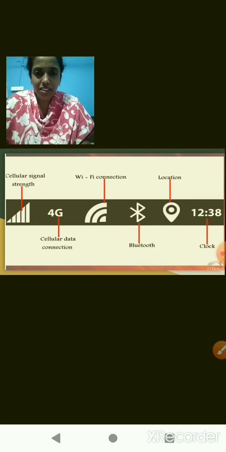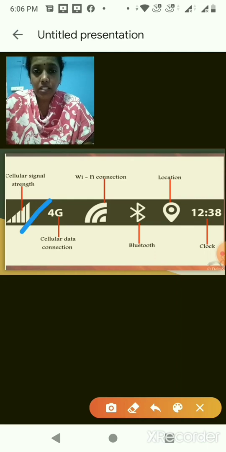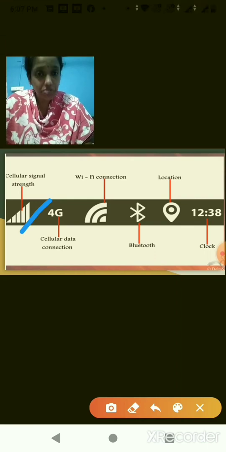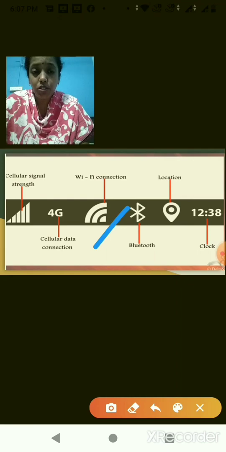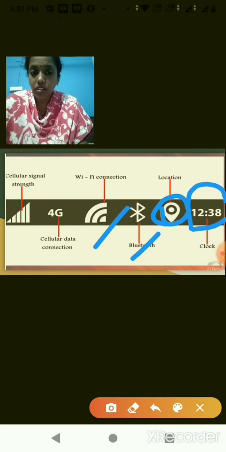So let us see what these are. This is the cellular signal strength. This is the cellular data connection. Then this is the Wi-Fi connection. This is Bluetooth. Then this icon tells us about the location, and here is a clock.